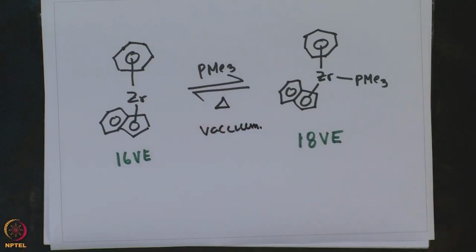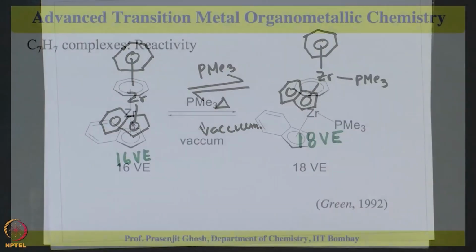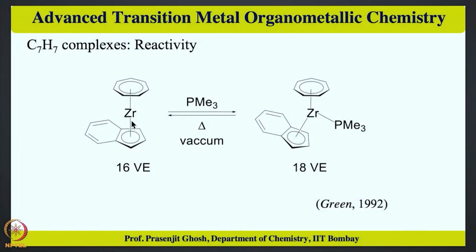So, with this we come to an end of our discussion on C7H7 complexes in today's class. We have spoken about reactivity of the C7H7 complexes, particularly looking at the various redox processes present for these complexes, and we saw that mixed C7H7 metal C5H5 complexes are slightly less air sensitive as opposed to bis C6H6 metal complexes.